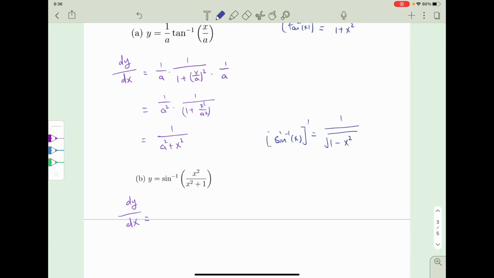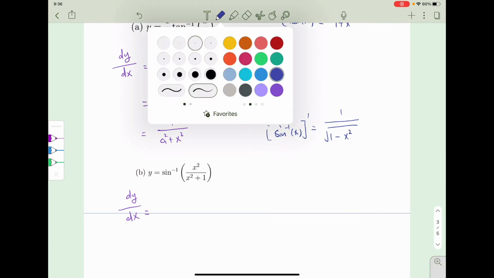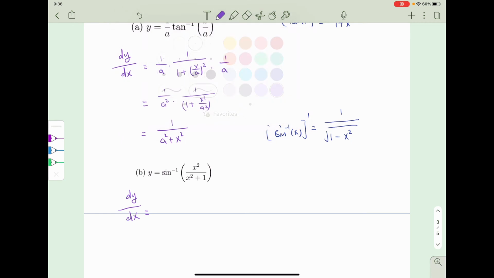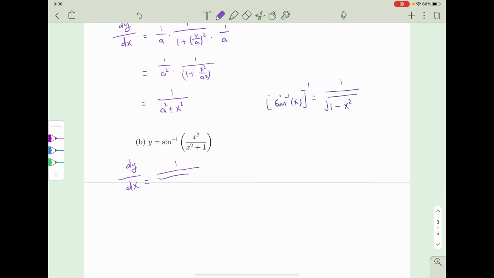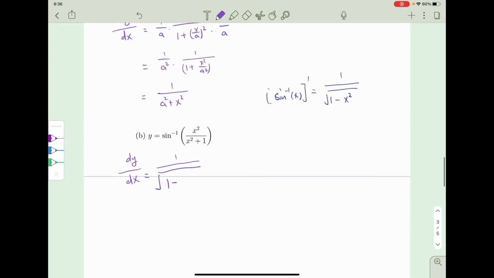And we're using it right now. So it becomes 1 over, of course I forgot this square root, the square root of 1 minus x squared, but this x is now replaced by the inside function, the bracket x squared over x squared plus 1, squared. Right? So that is just the first step of the chain rule.